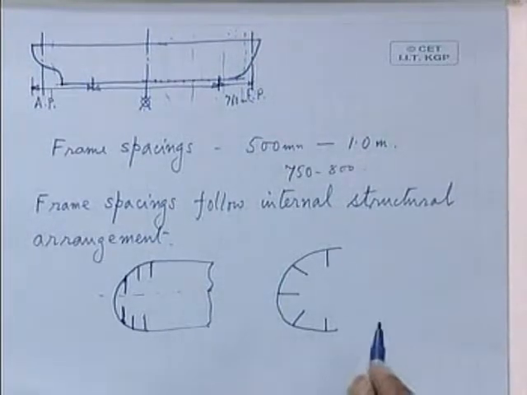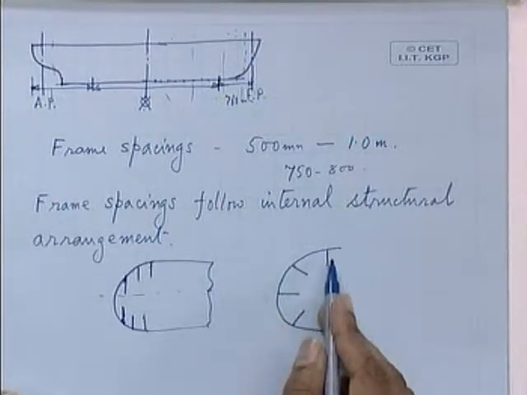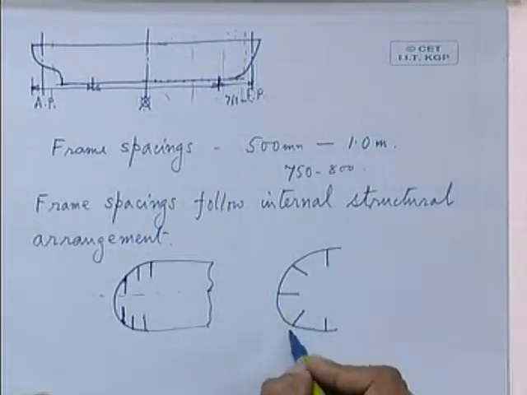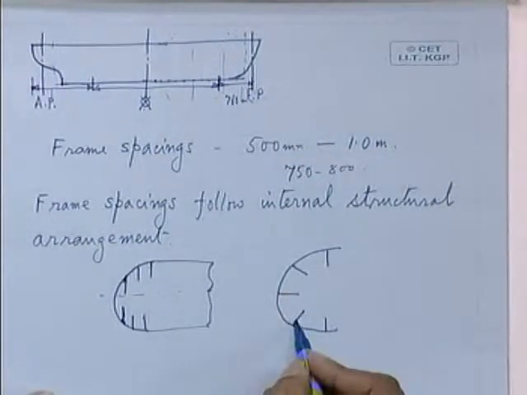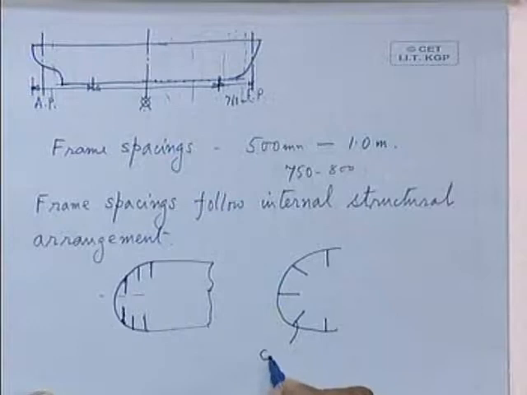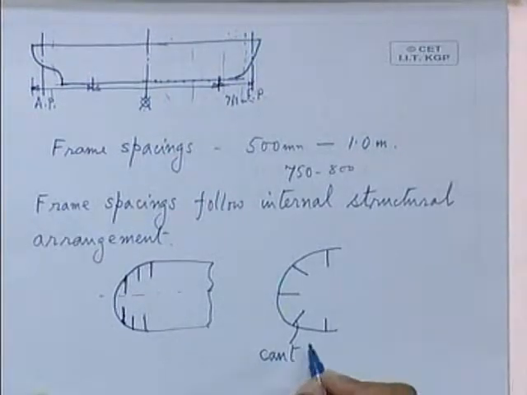You can see this arrangement at the stern of the ship. If you go near the deck or in the steering gear compartment, you will find that these frames are made in a radial distribution along the stern, and these frames are called cant frames.